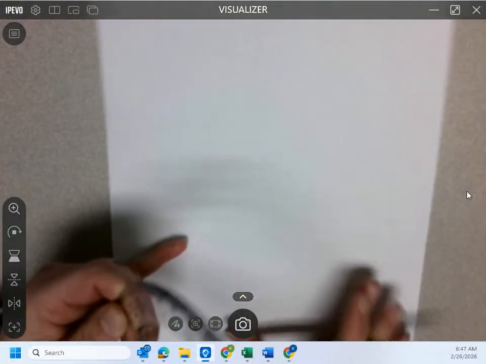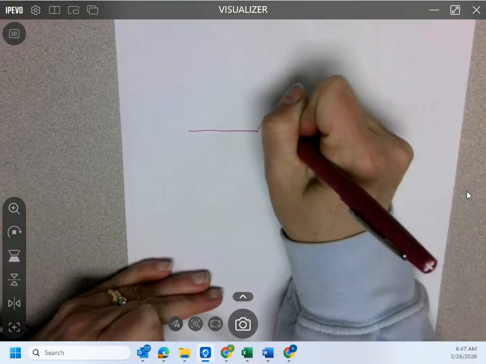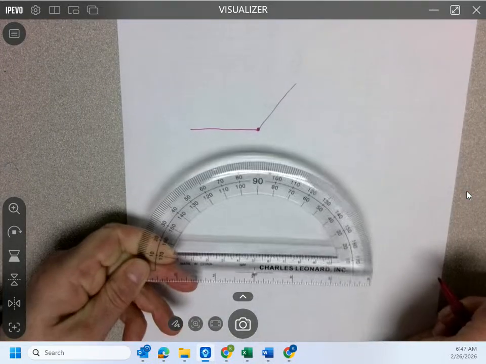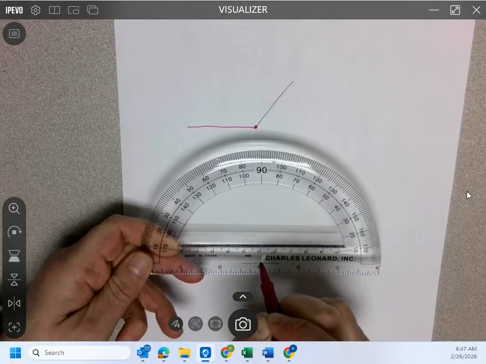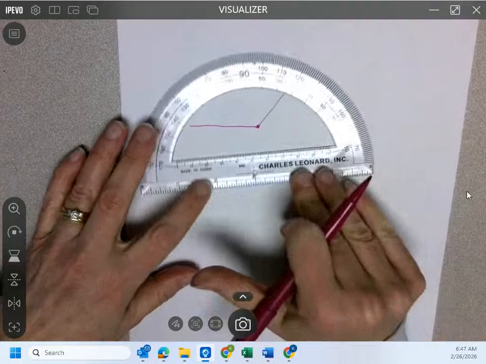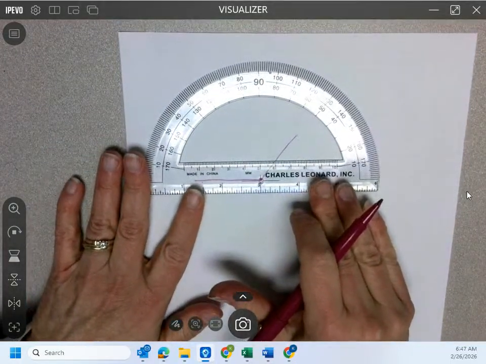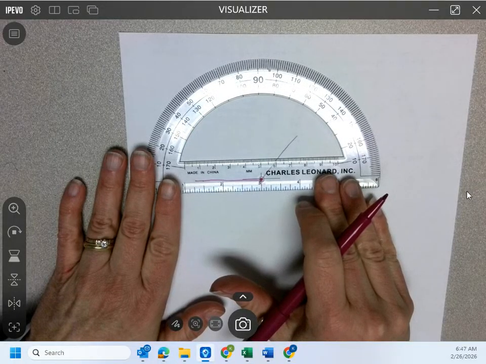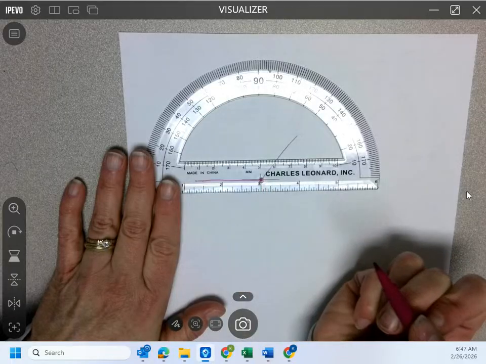I'm going to show you on the back side with a blank page so we can see it without all those numbers. So here is my vertex. With the protractors we have in class, there is an open hole right here. That's what we line up with our vertex. You can see where that vertex point is in that open center in our protractor.